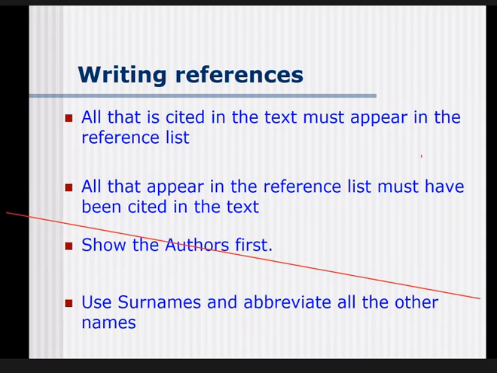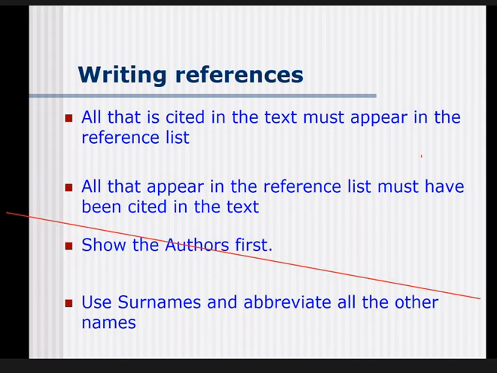Writing references, I think we took time to discuss how to cite references in the text and how to write them in the reference list, emphasizing that all the citations that appear in the reference list must have been cited in the text, and whatever is cited in the text must appear in the reference list, showing the authors first, and using surnames rather than given names.